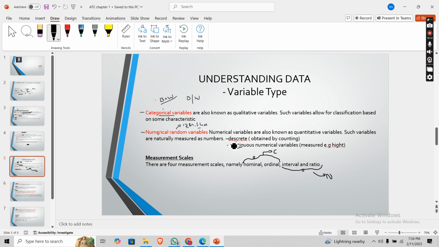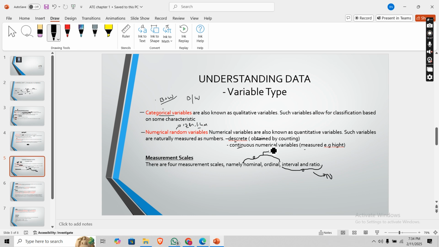Okay, so as I said, numerical random variables can be discrete or continuous. Numerical random variables that are discrete are the ones that are obtained by doing what? By counting. And continuous numerical variables are only measured. An example of a discrete numerical random variable would be when I count the number of children in a household.